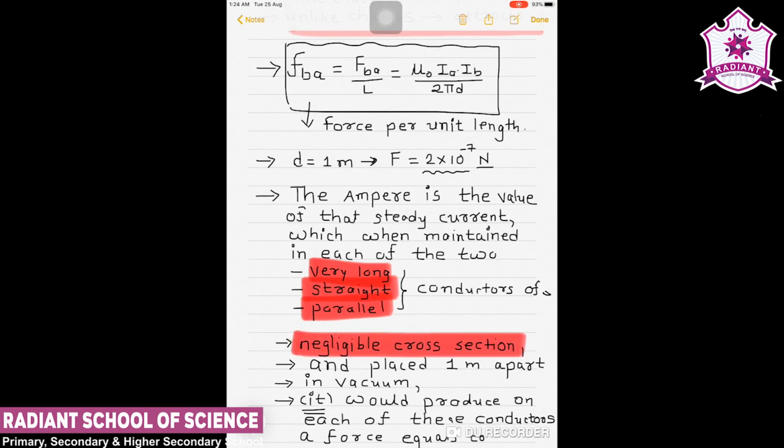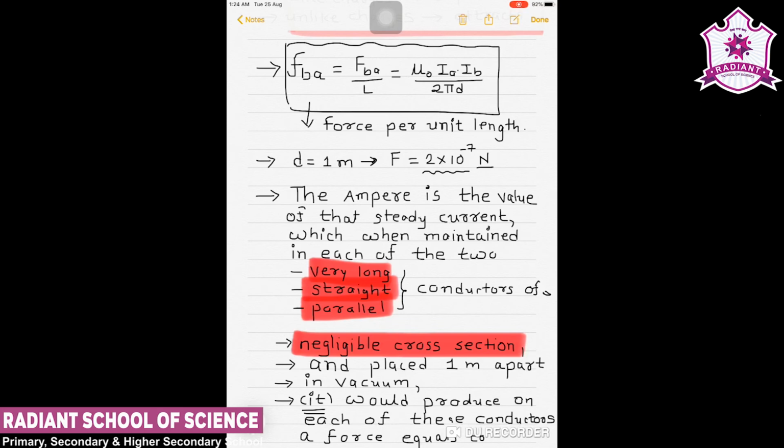negligible cross section. This is the basic condition, these are the characteristics of the wire: the wire must be very long, they must be straight, they must be parallel to each other, and only then this equation is valid, and they must have negligible cross section with respect to their length when they are put 1 meter apart.